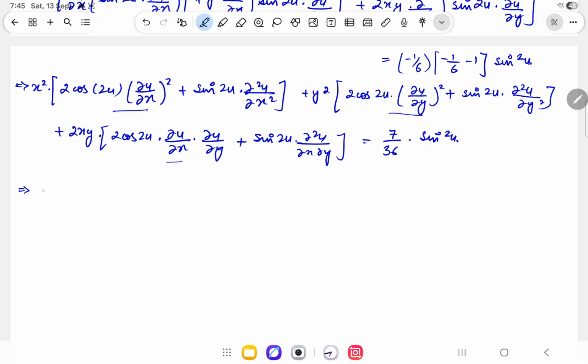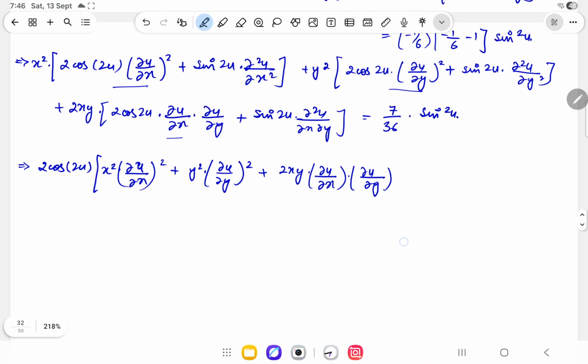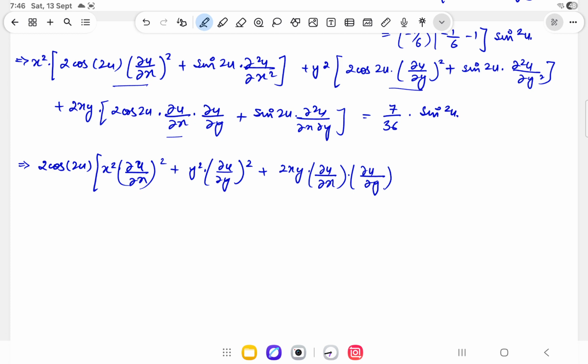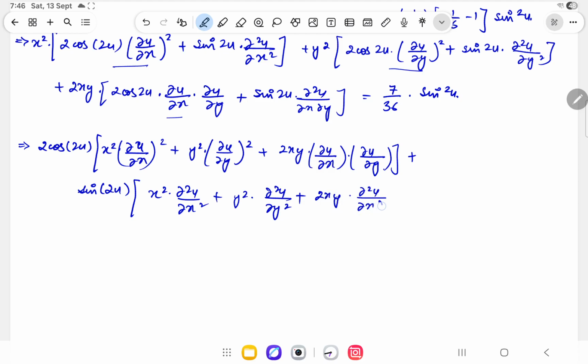So we can take 2 cos 2u as common, so I'll get x² into del u by del x whole square plus y² into del u by del y whole square plus 2xy into del u by del x into del u by del y, plus, and from the other terms if I take sin 2u as common, I'll get x² into del²u by del x² plus y² into del²u by del y² plus 2xy into del²u by del x del y is equal to 7 by 36 into sin²u.